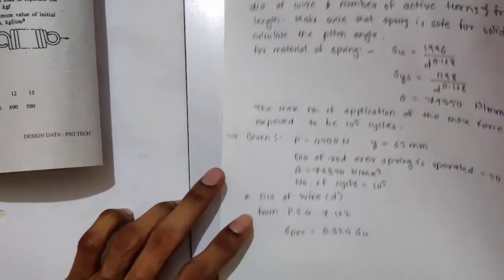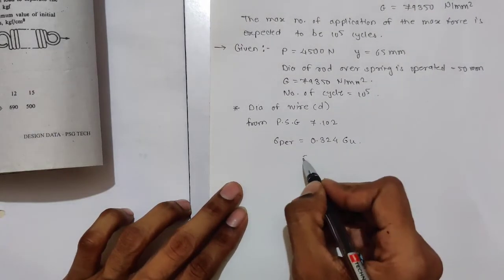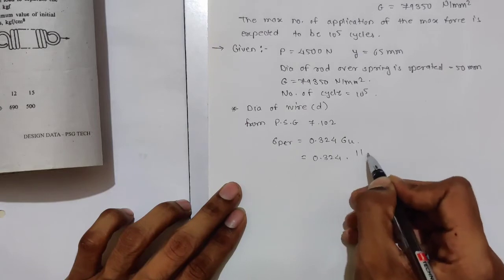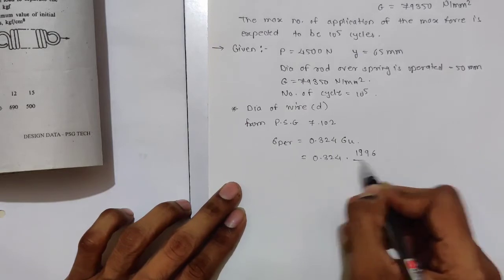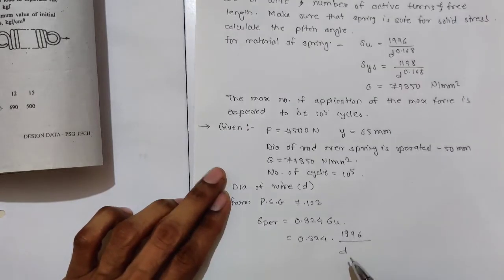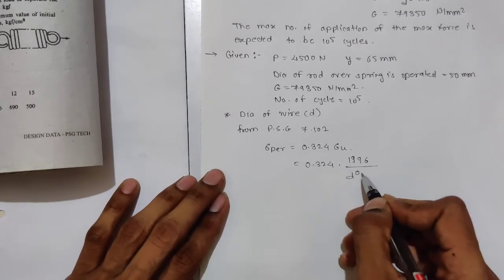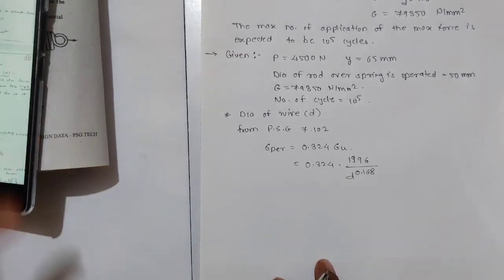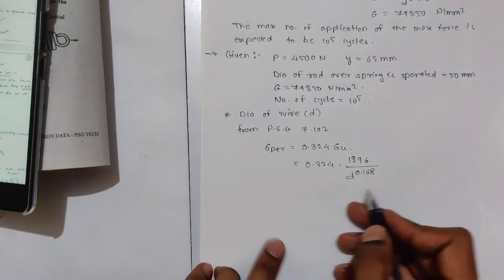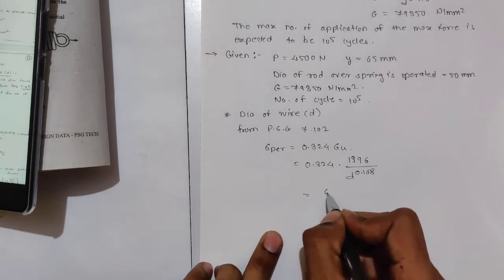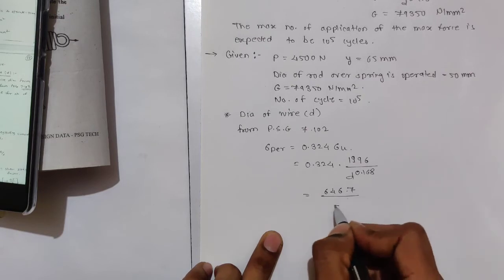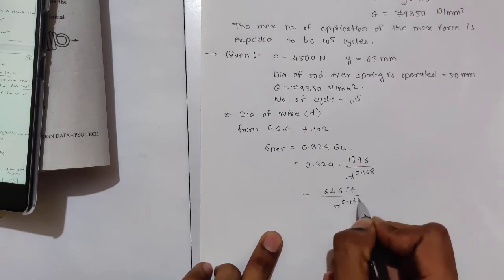Okay, I'm just putting sigma permissible is equal to 0.324, and that term, that is 1996 divided by d raised to 0.168. Alright, so I'm just doing the multiplication, and after multiplication you will get the value of 646.7 divided by d raised to 0.168.